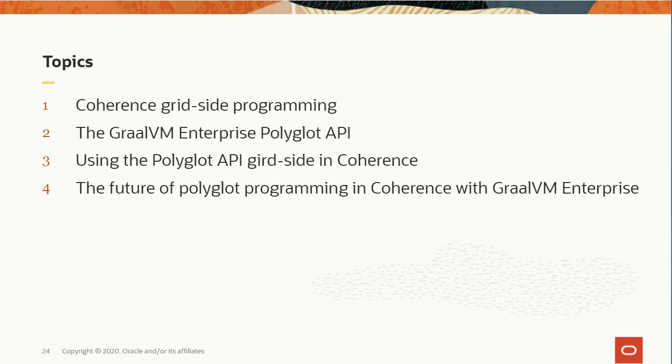Now, especially with GraalVM, we can support newly popular languages like JavaScript, Python, some of the mobile platforms like Android and Swift, Go, etc. We want programs written in any language to be able to access Coherence caches and services without necessarily having an equal API for all those languages.